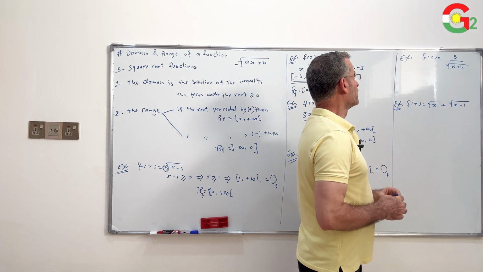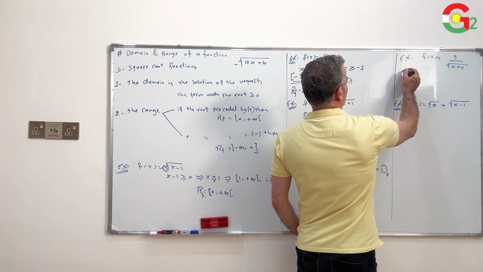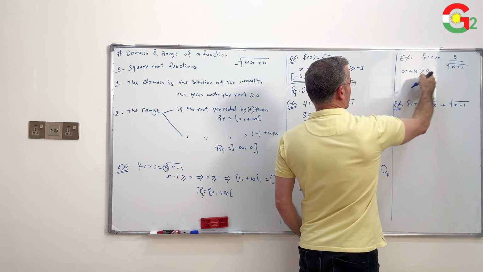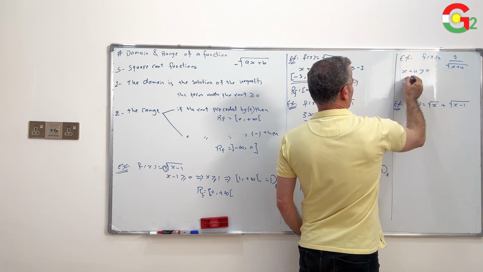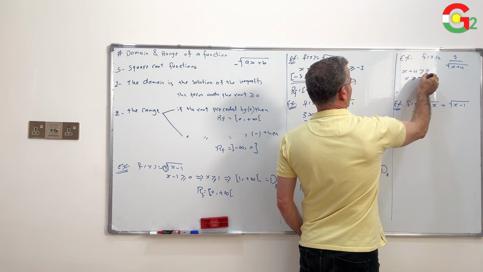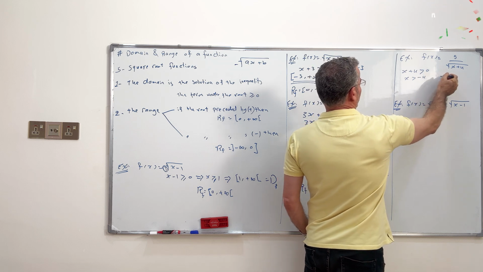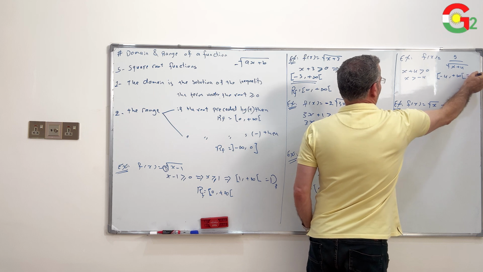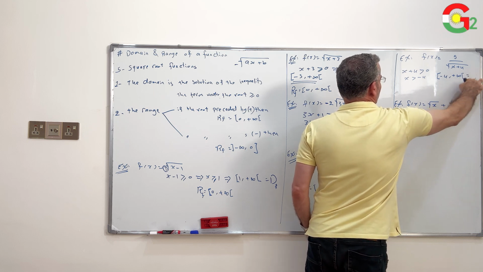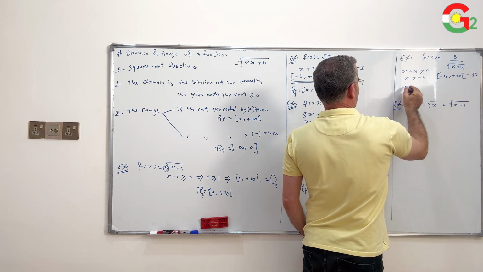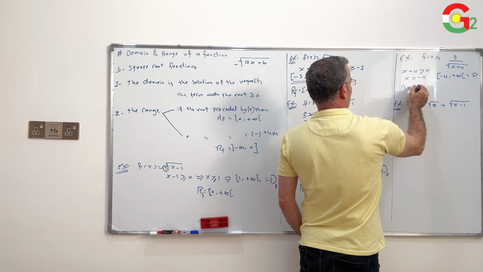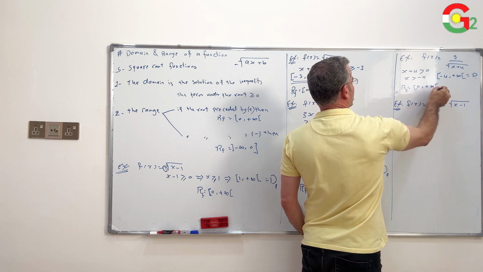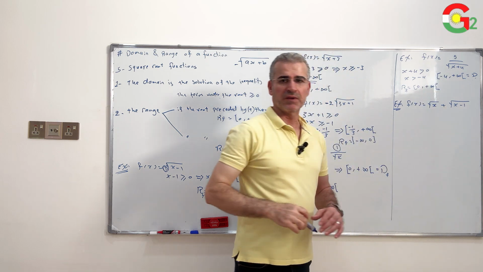Find the domain and range of this function: x plus 4 greater than 0, only greater because it is in the denominator. x greater than negative 4, then negative 4 to positive infinity is the domain. The range is from 0 to positive infinity, since 5 is positive.